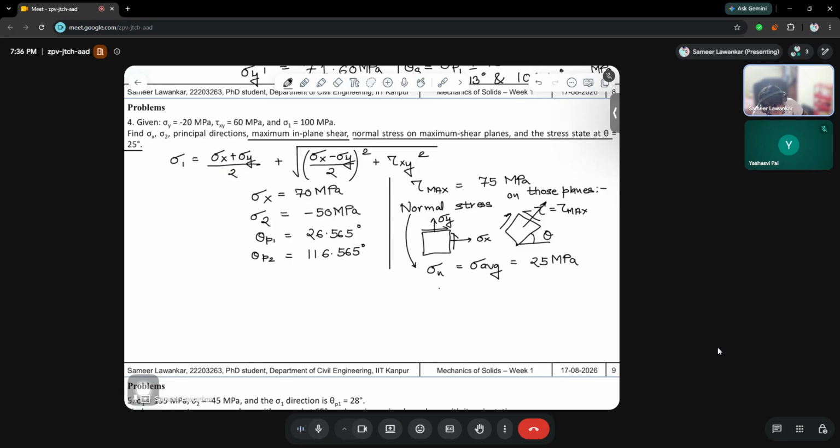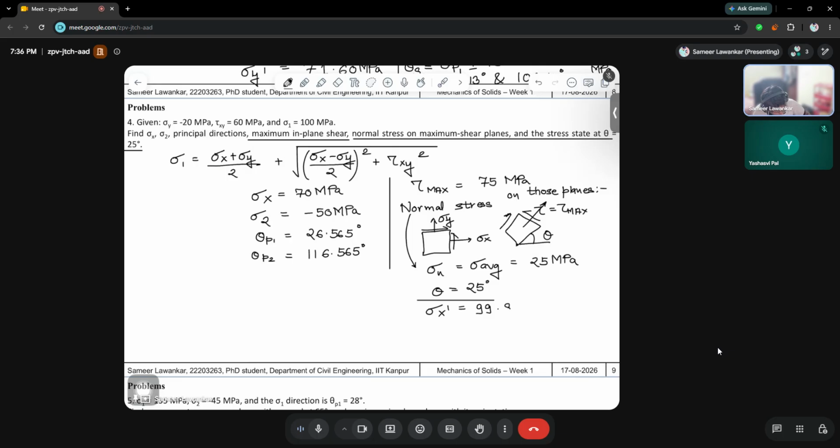This is just the formula question in which you will just put theta 25 degree in sigma x dash equal to formula, sigma y dash equal to formula, and tau x dash y dash equal to formula. I've just added all these things so that you at least try solving all these questions, so that there is no calculation error when you try to solve them.